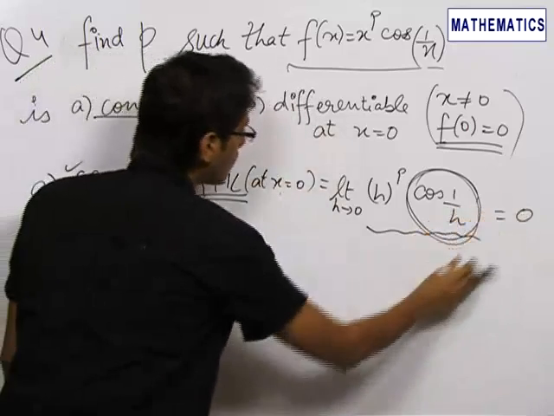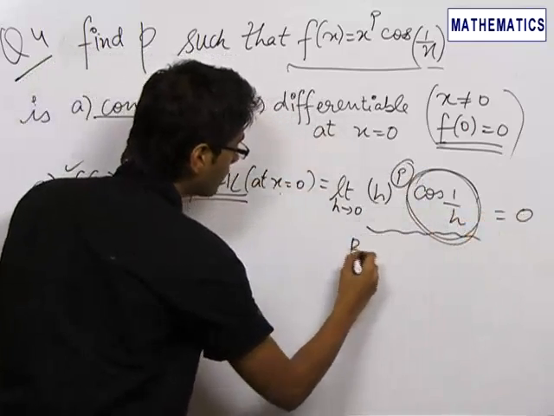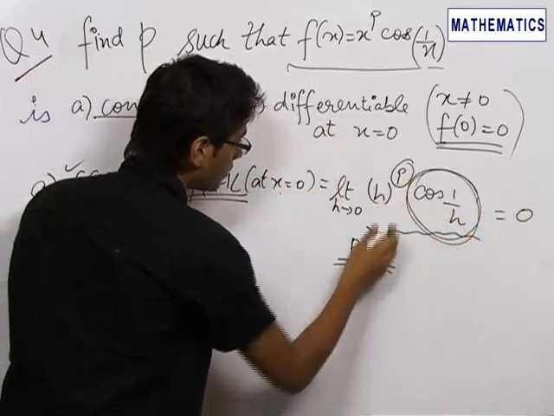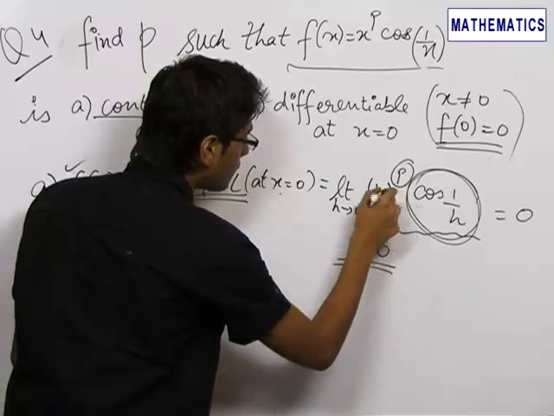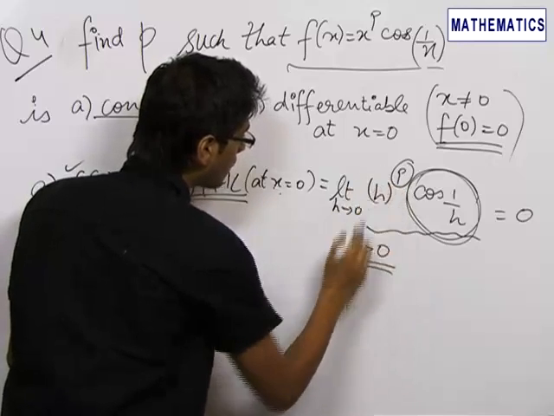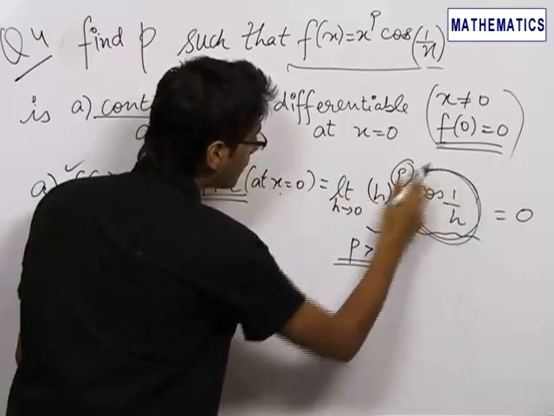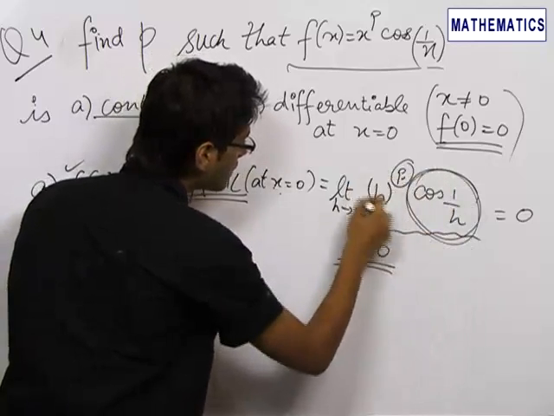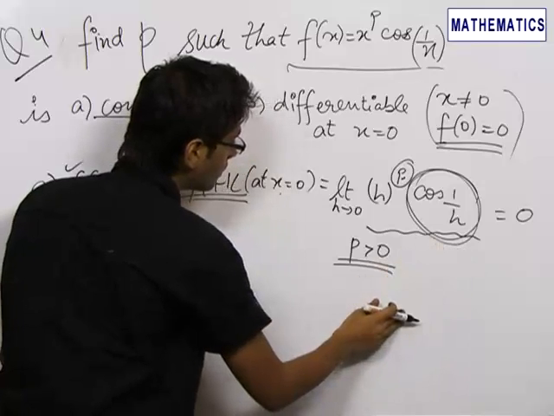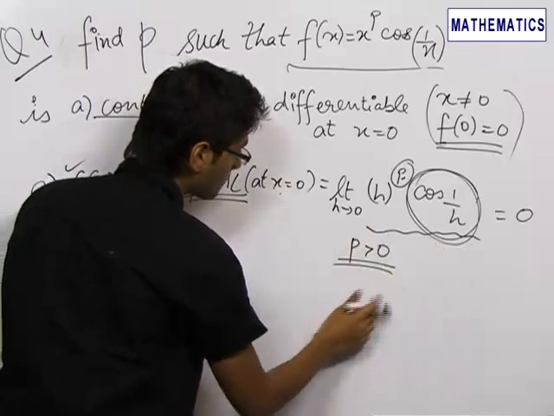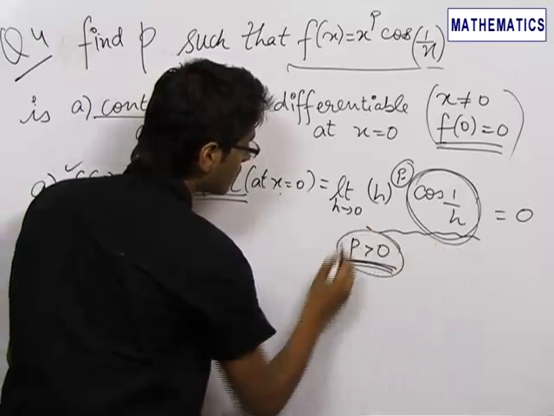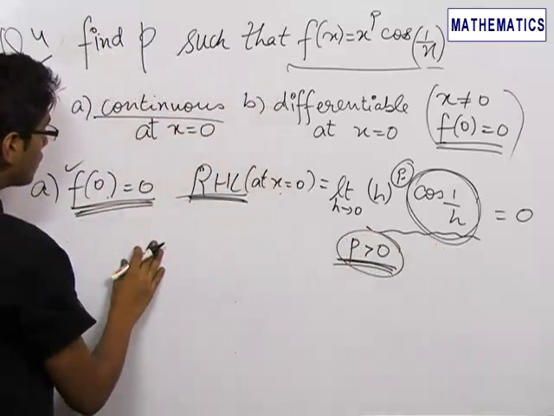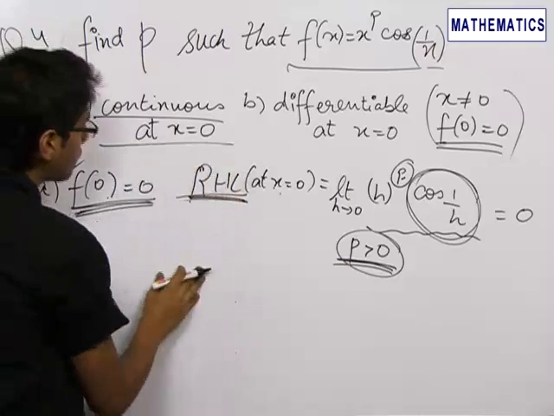Now this can be 0 only if p is greater than 0, because if p is negative or 0, if p is 0, this will vanish, this will become 1, and this will have an oscillatory limit, so this cannot be continuous. And if p is negative, then this h^p will go in the denominator, and then it will be a discontinuous function. So p should be greater than 0 for the right hand limit to be equal to f(0), and hence for the continuity of the function.